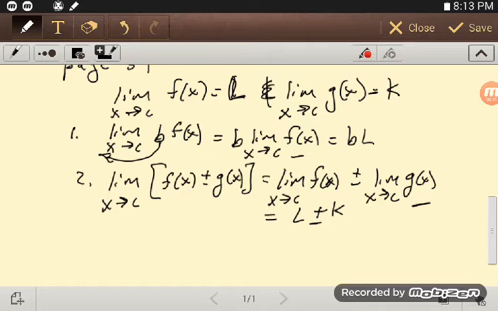Now, what's really cool is you don't always get something. The adding and subtracting in the scalar multiple, not really big news. You can often distribute something, whether it's a limit or something else, over a plus or a minus, and not a problem.